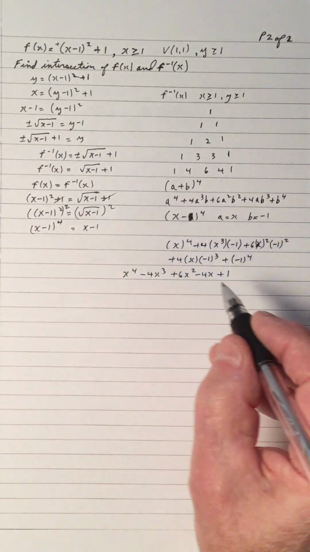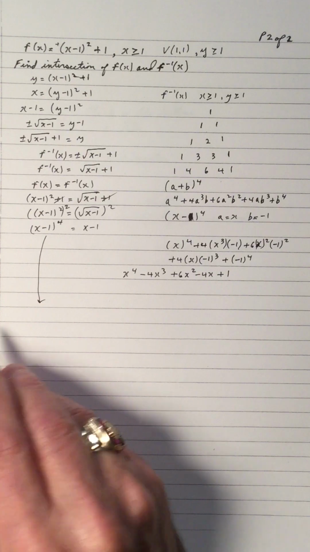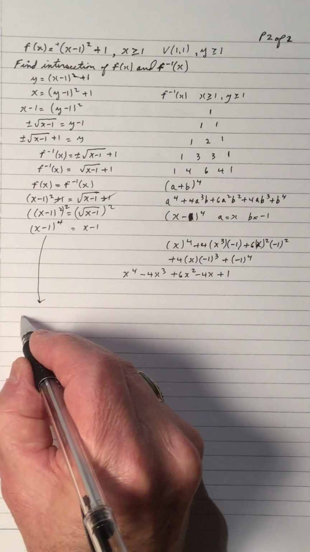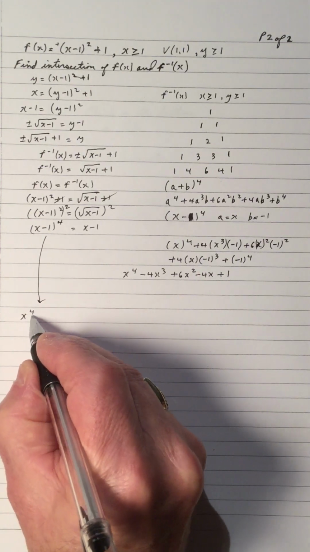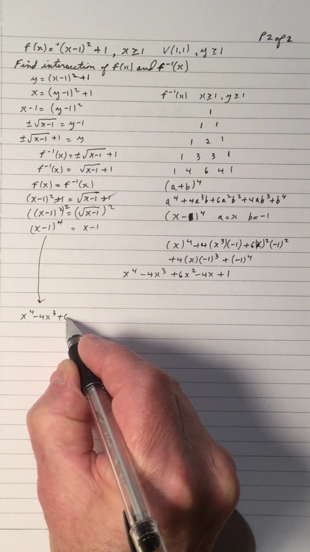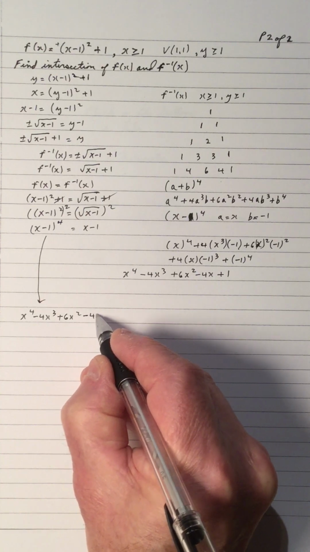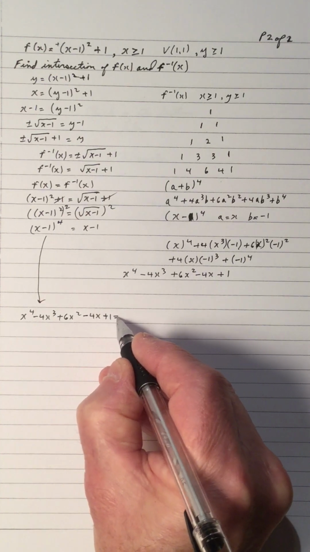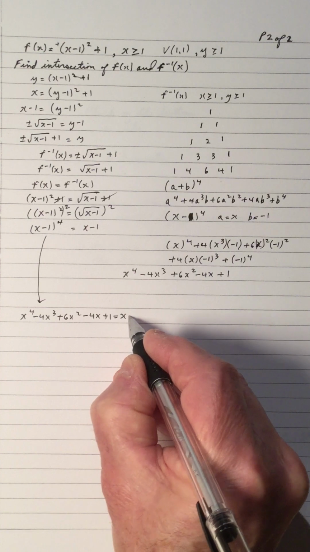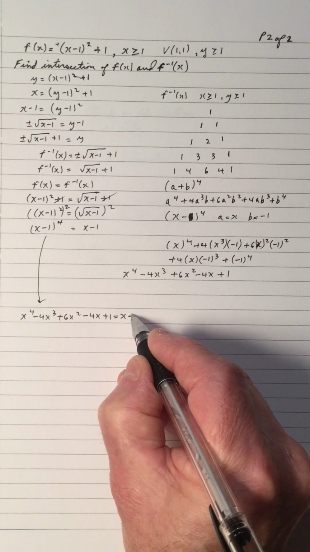So if you take this equation, I've got to put it right here, so this is x to the fourth minus 4x cubed plus 6x squared minus 4x plus 1 equals x minus 1.